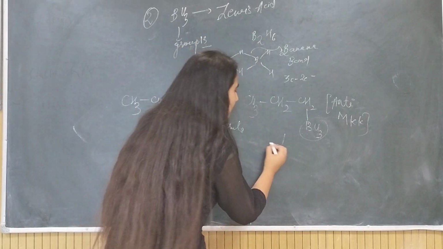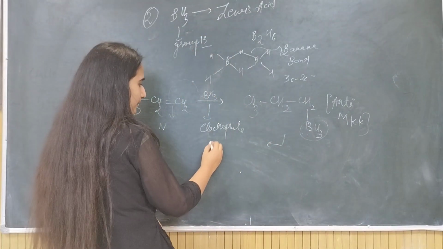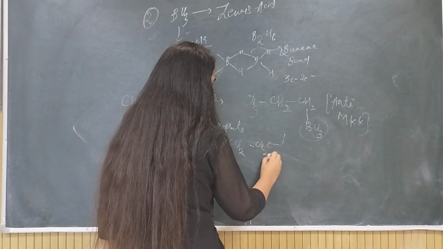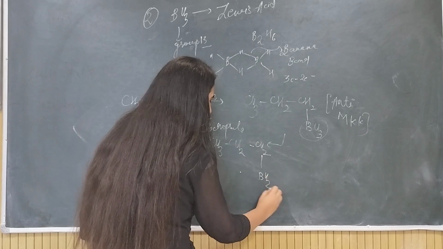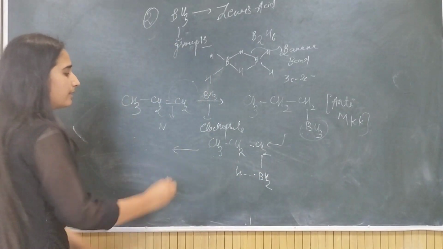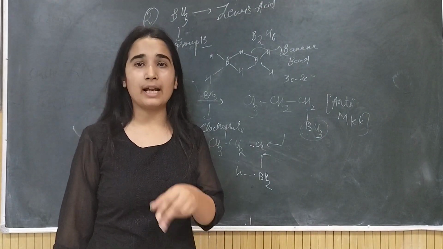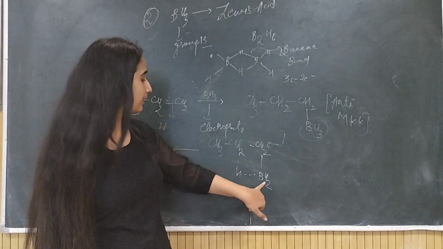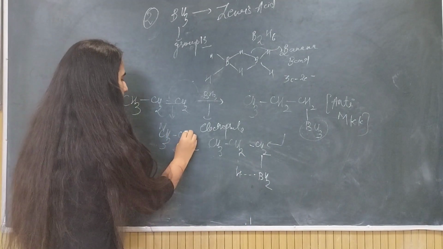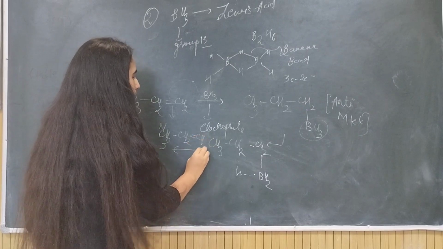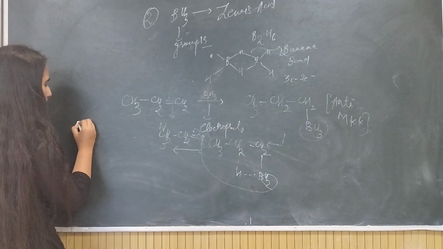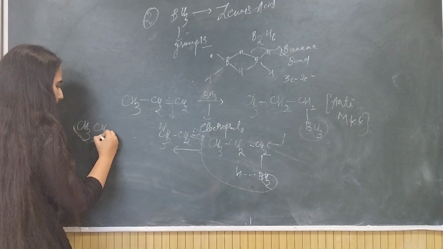Now it will form a 4-center transition state. But BH2 still contains 2 hydrogen, and we know that it is electrophilic in nature. So now again the alkene comes to attack on this hydrogen, and all the hydrogen of boron is removed and a complex of boron is formed.